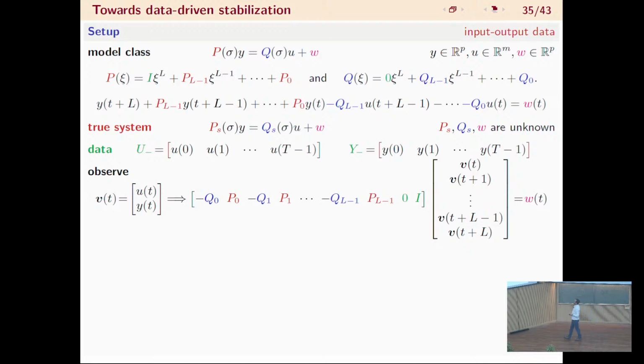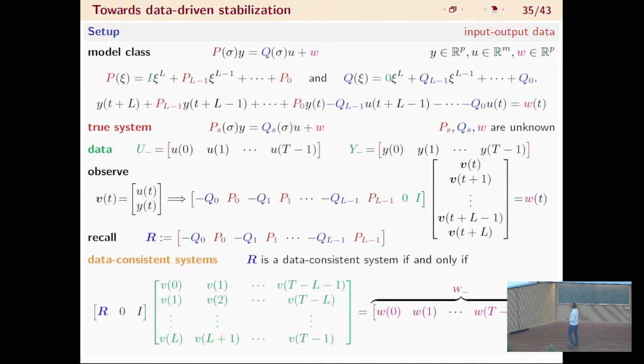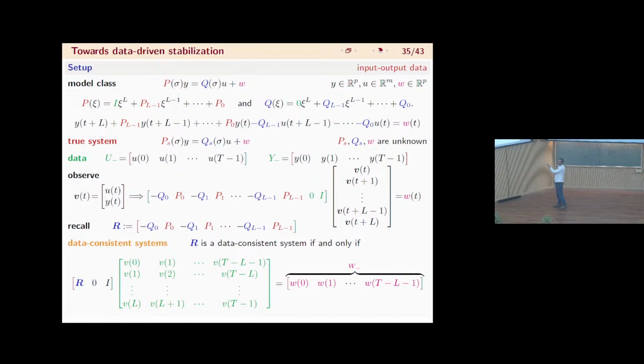But from here, I can do the following. This part, apart from zero identity, I define as R. Now, if I look at this expression, then it is R, zero identity, times this. This is for t0, this is for t1, this is for the last term, T minus 1. The first column is going to give me W0, the second W1, and finally W_{T-L-1}.